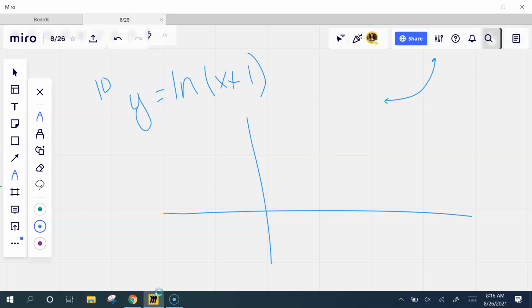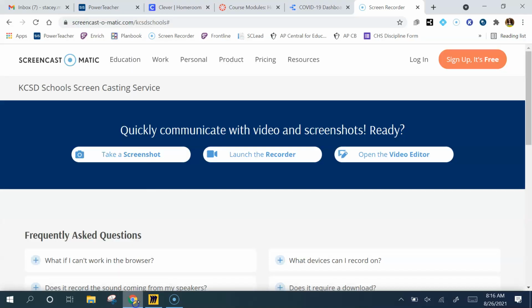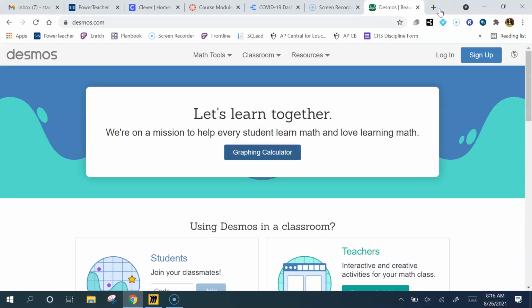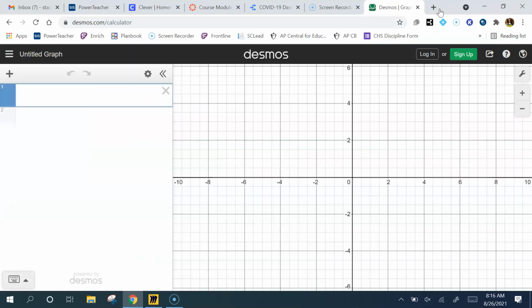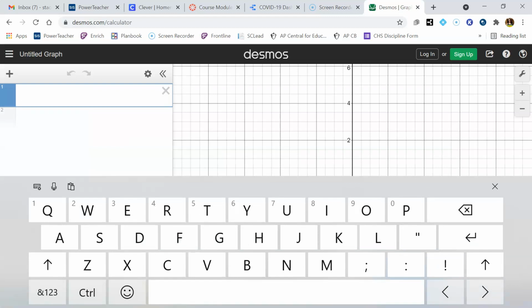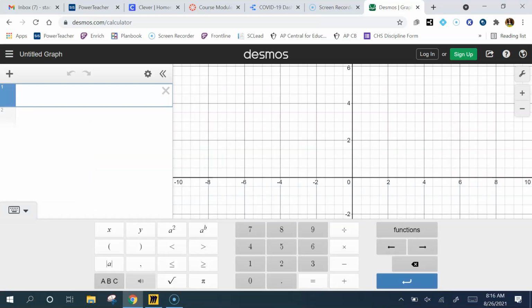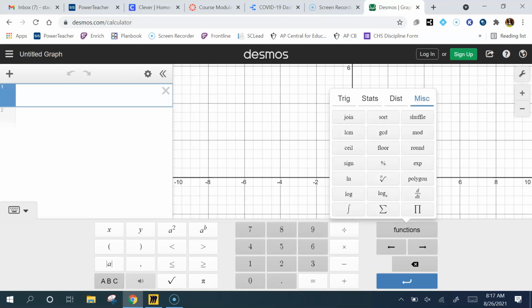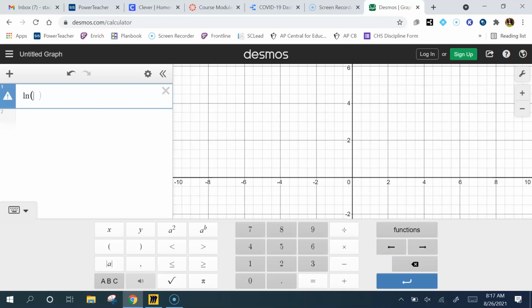Are y'all okay there? Okay, maybe look at your calculator and let's graph it. Natural log of x, what is it?